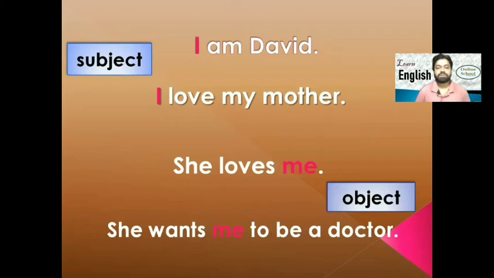In the sentence, she wants me to be a doctor. Wants is a verb. So, we use I when we use it in the subject form, that is before the verb, and after the verb we use me. Okay, I hope it's clear.